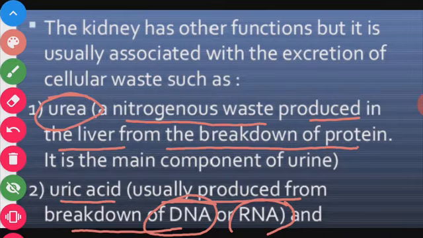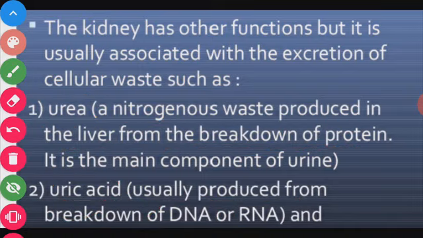That uric acid is also a toxic compound that has to be removed from the body. The kidney plays an important role in the excretion of these wastes, and the nephrons, the functional units of the kidney, filter those wastes from the blood. These are the important functions of the kidney.